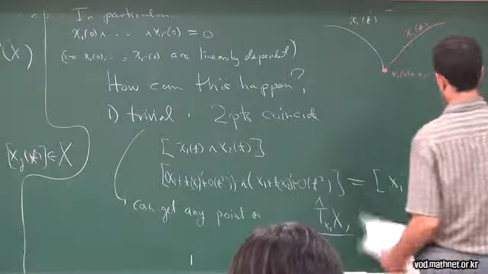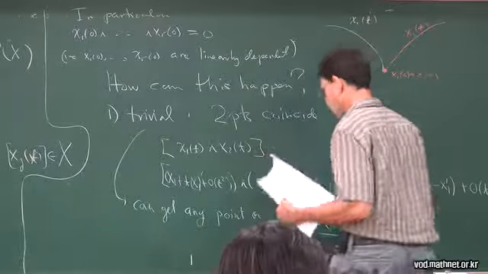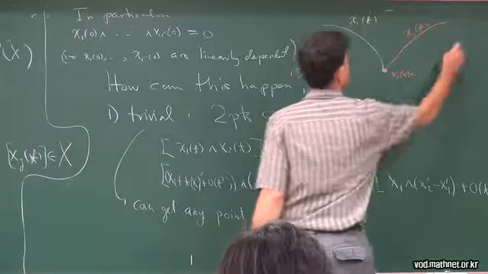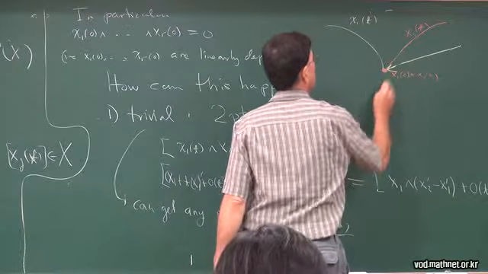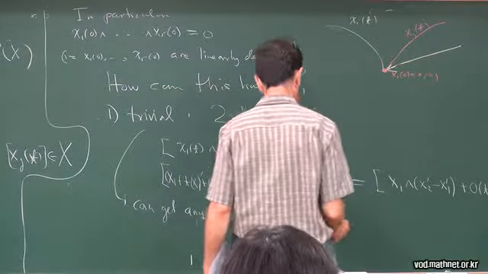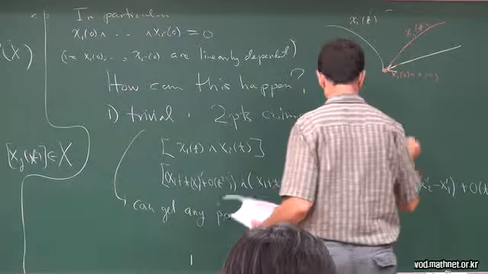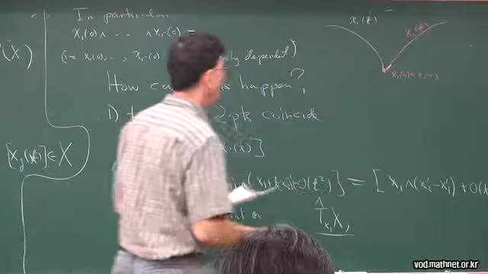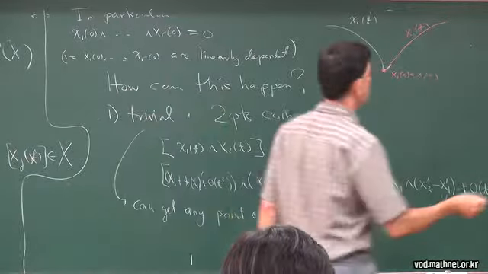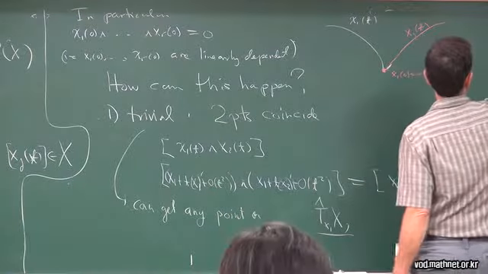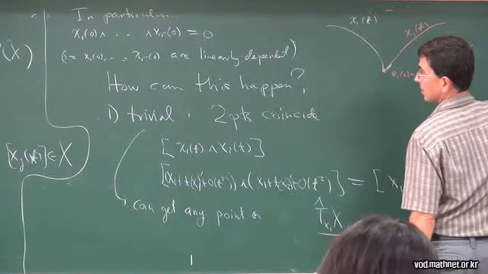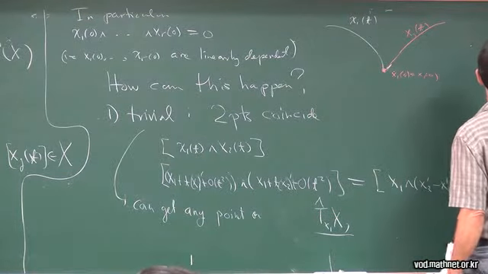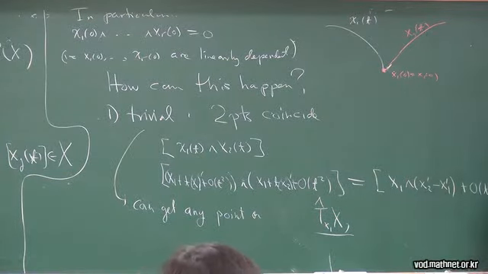And if we had a third point coming in, well, let's not do that. Now, let's say we had 3 points. 3 points fail to be linearly independent.